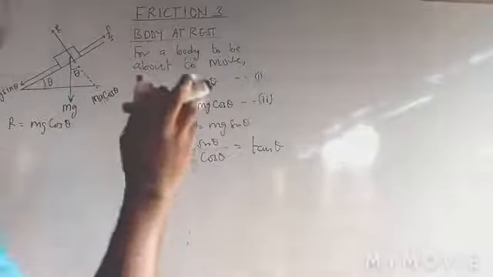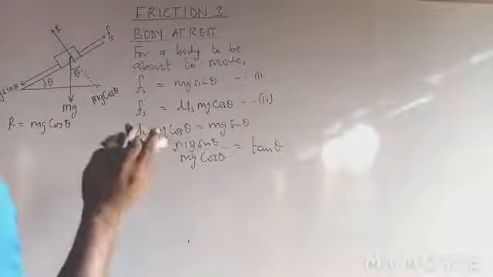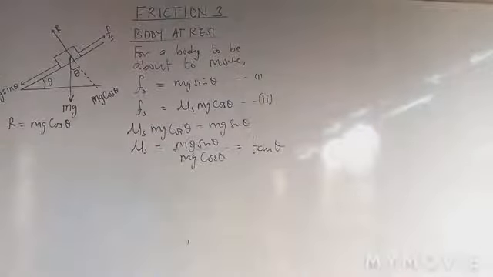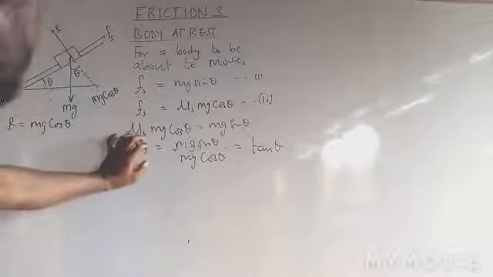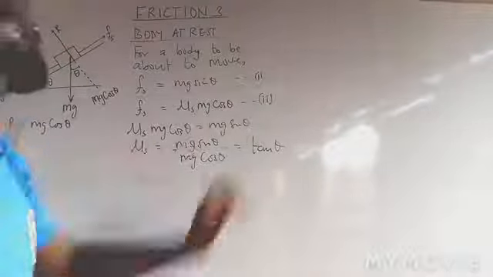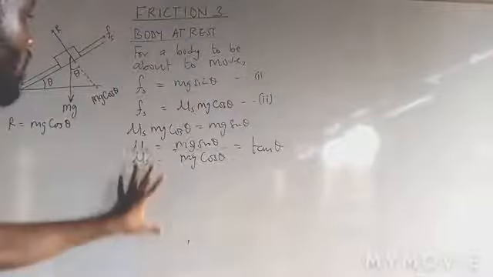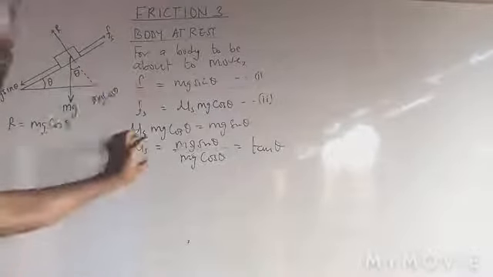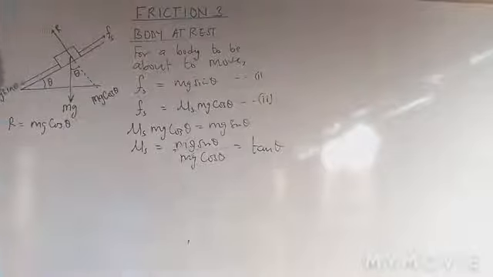So look at this very carefully. One must be very careful in all this. If the body is about to move, our mu S must be tan theta. The question must be given to you in such a way that your mu S will give you tan theta.